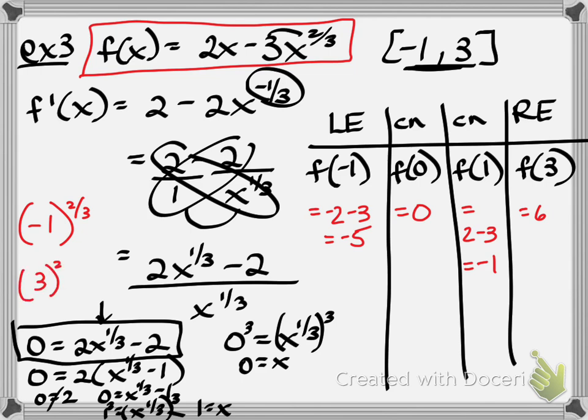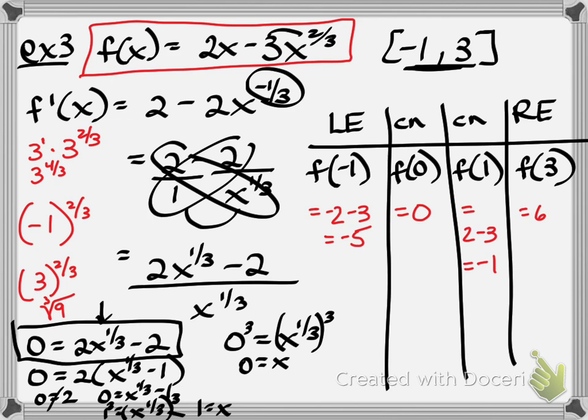3 to the 2/3. 3 squared is 9. The cube root of 9, it's not a perfect cube. A calculator would be handy here. Times 3. Oh, I could do 3 times 3. When I multiply like bases, I add exponents, so that doesn't help me any.